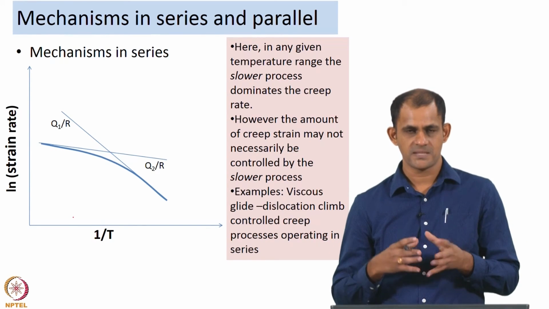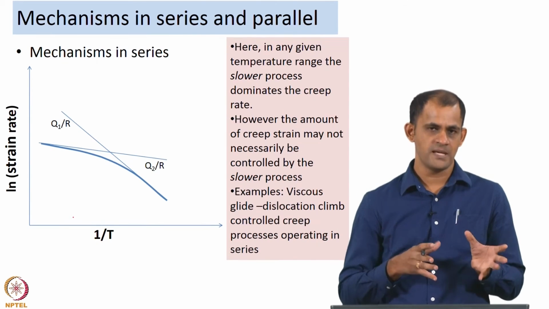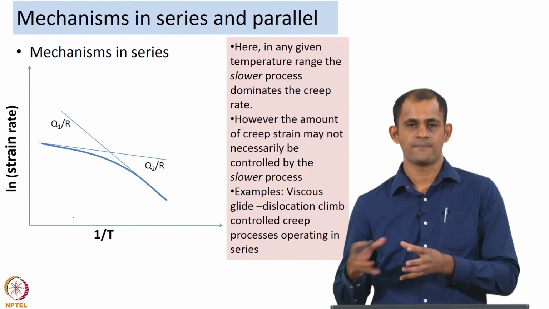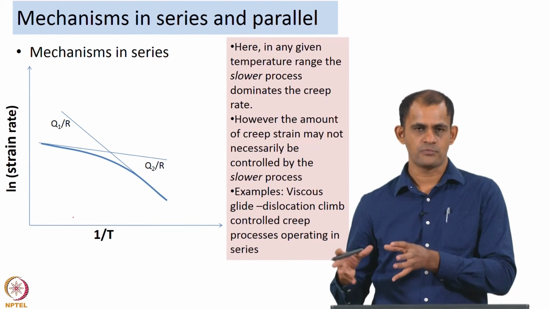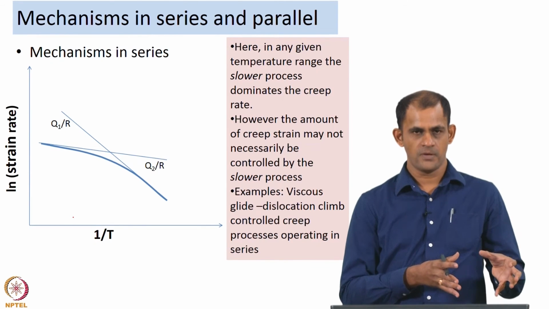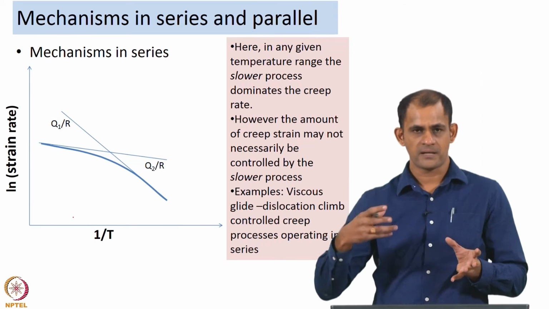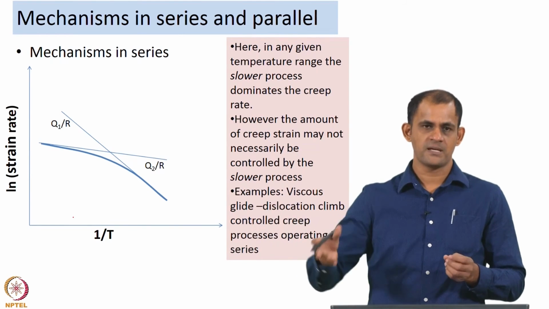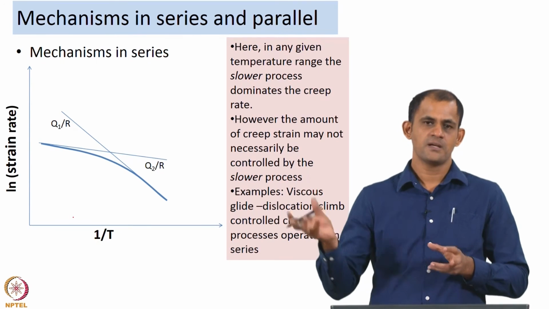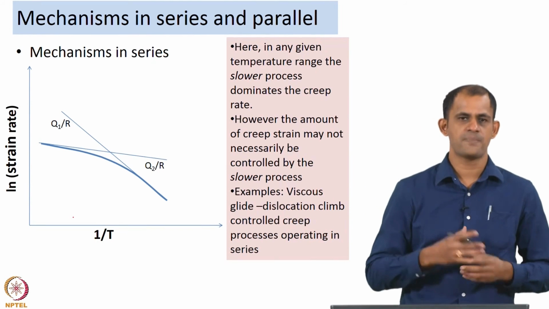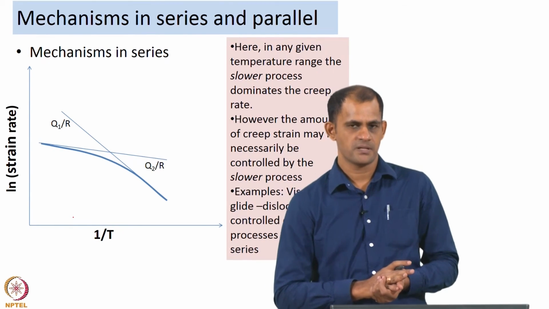If you have two mechanisms M1 and M2, and M2 is slower, it will determine the overall creep rate. However, the strain contribution need not be determined by M2, it could still come from M1. The bulk of the material deformation could be happening by M1, but the speed at which M2 happens is limiting the contribution of M1. That is why the overall deformation process is dependent on the speed of operation of M2, and why M2 becomes rate controlling.